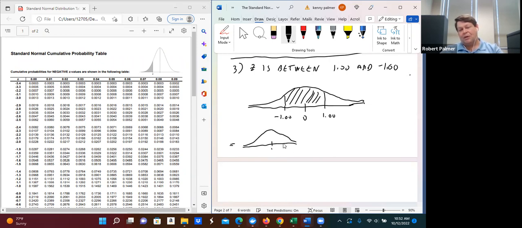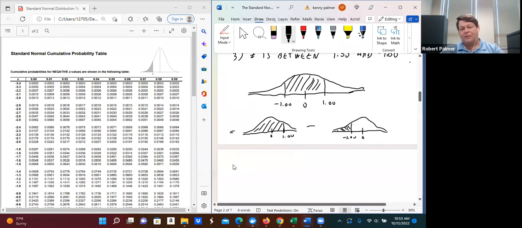So this is going to be, if here's 1, minus, once again, I know my picture is not the best, but that's okay. Subtract that. Okay, so look at this again. What I said is if I take from the table the area that's less than 1, that fraction, and subtract from it the fraction that's less than negative 1, once you get both these values from the table, that's going to give me what's in between. That's what we're going to do.